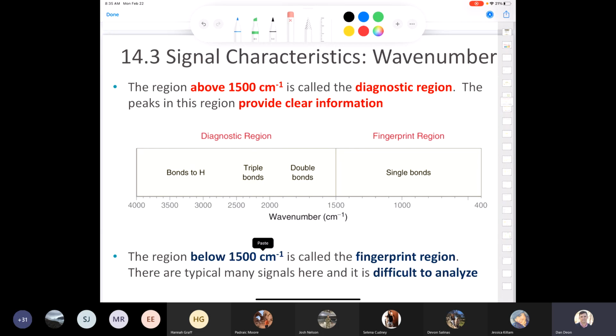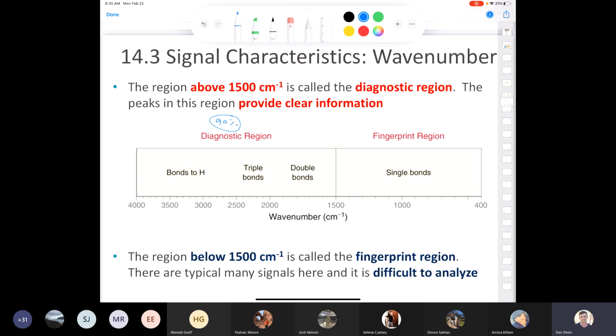All right, so we can split our infrared spectrum into two main regions. We have what's called a diagnostic region, and we also have what's called a fingerprint region. In Chemistry 3101, you're going to spend probably 90% of your time up in the diagnostic region, because it's the simplest region to analyze.